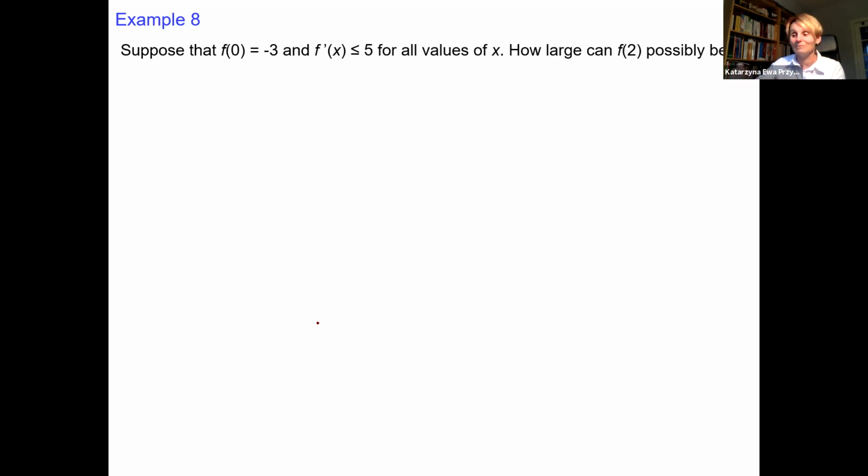The function is differentiable, because it's telling us that f prime of x, the derivative, is always less than or equal to 5. If a function is differentiable, the function is continuous. That's good. And now the question is, how large can f of 2 possibly be?